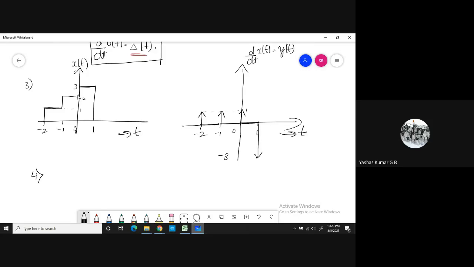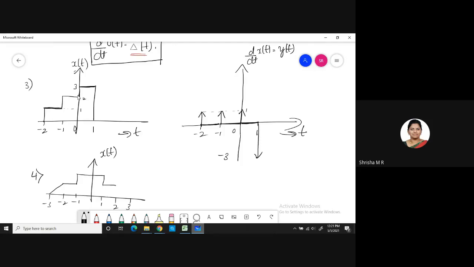Okay, ma'am. So next is this signal: -1, -2, -3, 1, 2 and 3. So you have a ramp from 3 to 2. Then again the signal is constant. Then again you have a step.